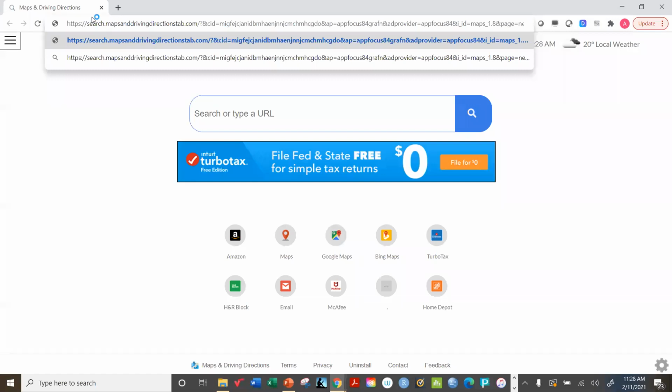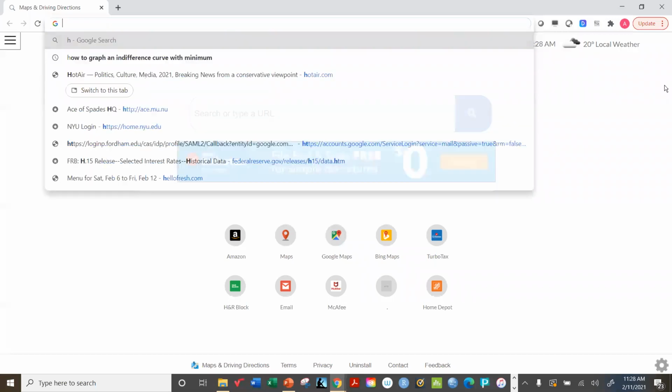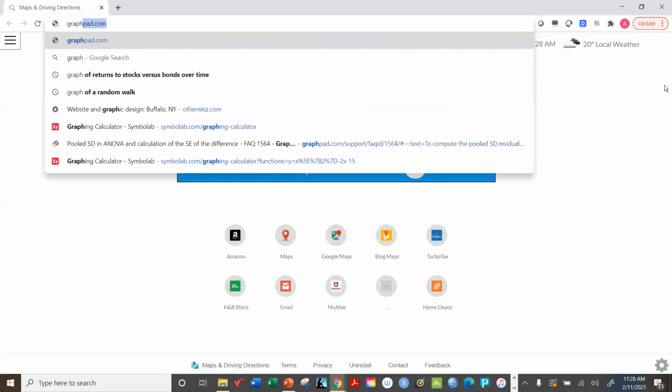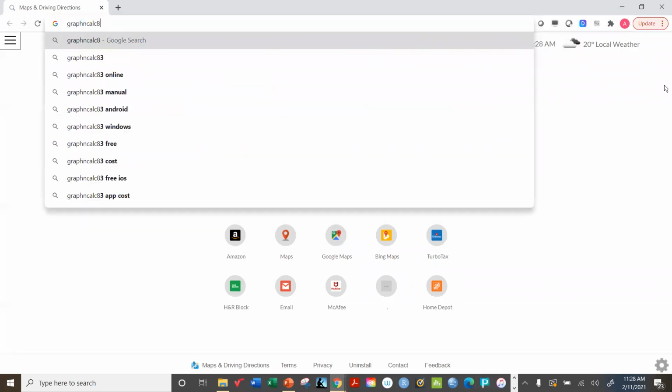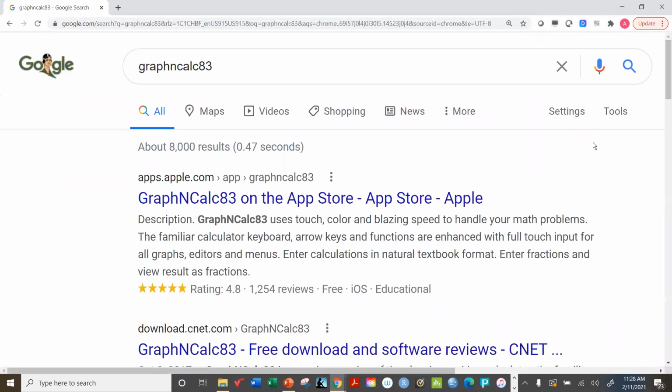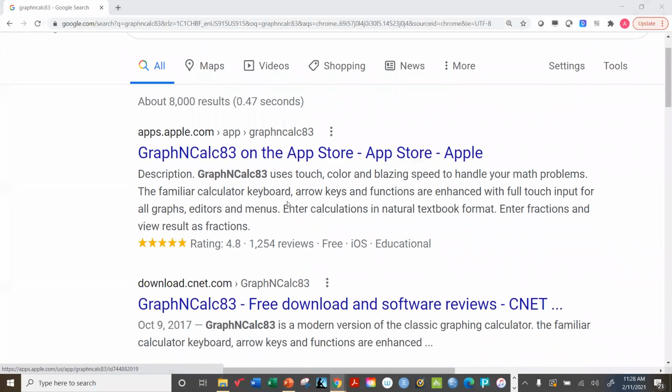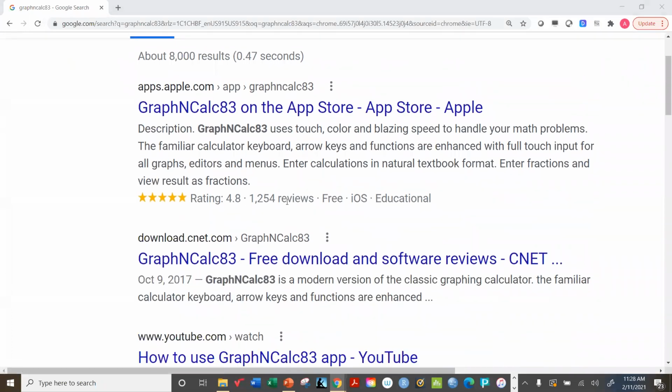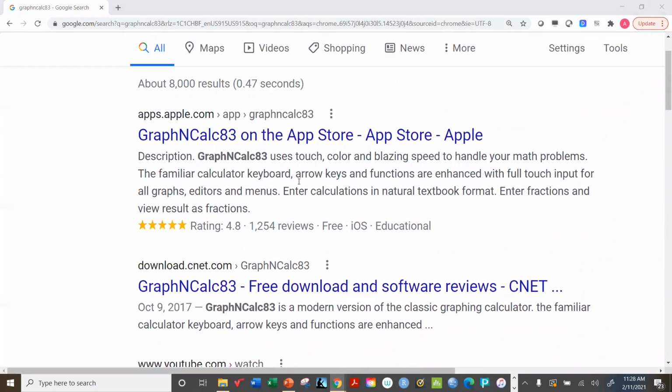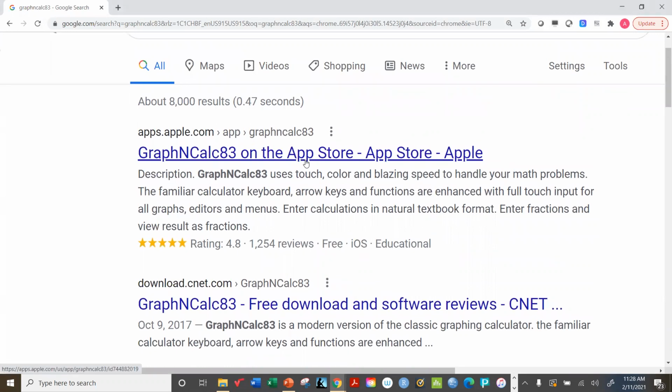Let's see. Look at this thing. What is it doing? Graph and Calc 83. Oh my God. Is this an app for the TI-83? Ooh, that would be a nice thing to have.